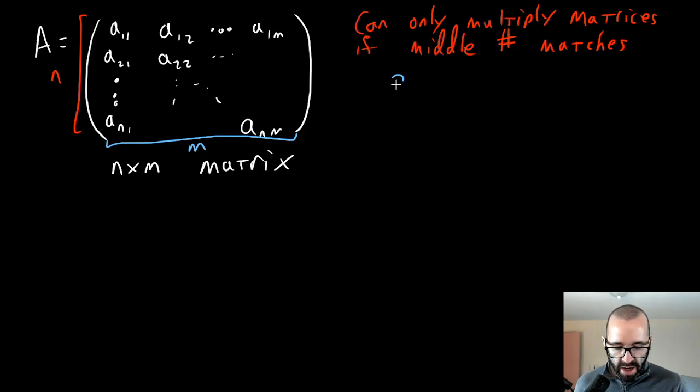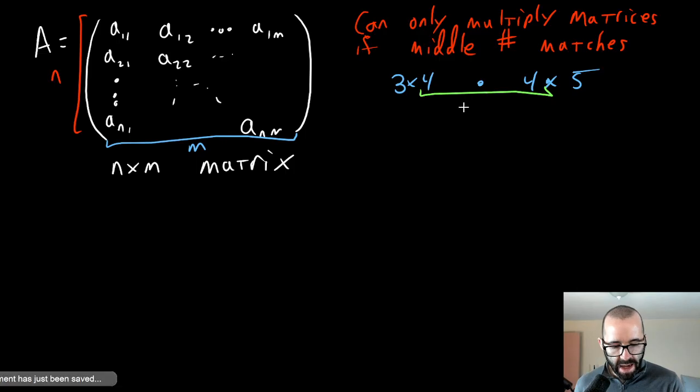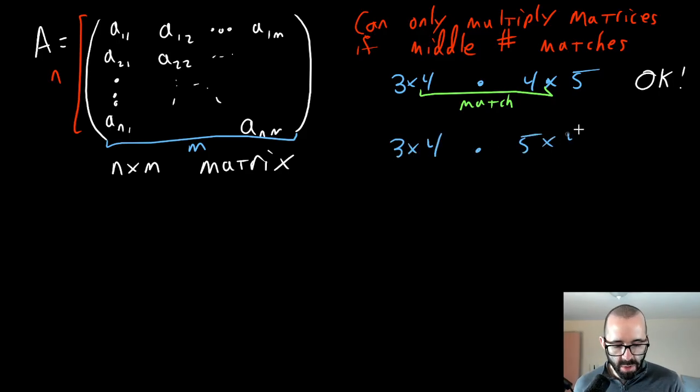We can multiply a 3 by 4 matrix by a 4 by 5 matrix. That's okay to do, right? These things right here match. But what we cannot do is multiply a 3 by 4 matrix by a 5 by 4 matrix. This would not make sense.